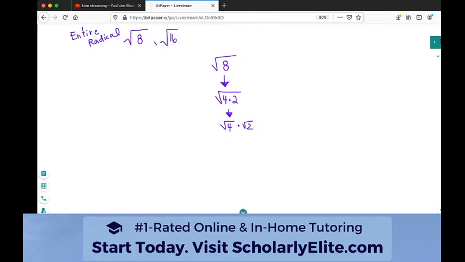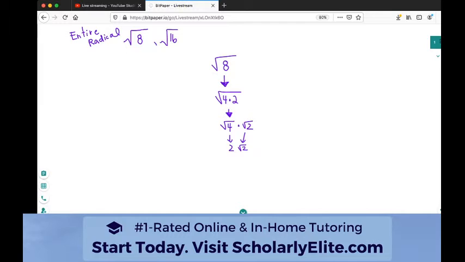And that's really helpful for us because it shows us how we can reduce this further. So now we break this down more. We know that the square root of 4 is 2, because the whole goal of this was to get a perfect square in there. And if I was to square root the number 2, I'm going to get some insane number, and I don't want that. So I'm just going to leave this as it is, the root of 2.